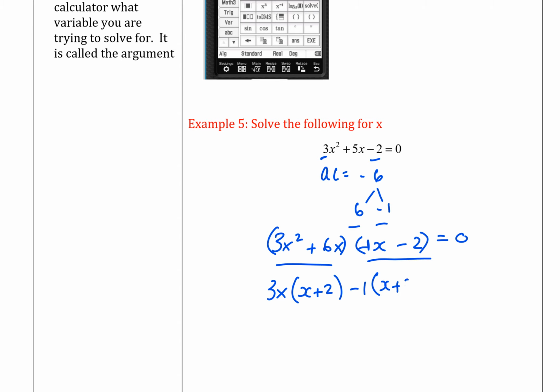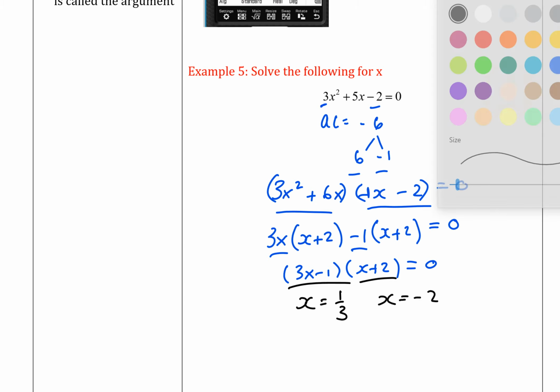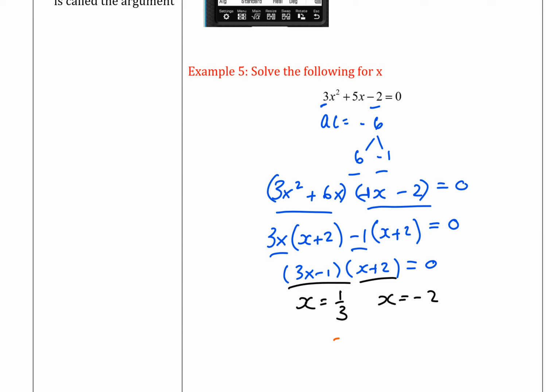That also yields x plus 2. And so I can see here that I've got 3x minus 1, x plus 2 equal to 0. And my answer, by using null factor law, is x equals 1/3 and x equals negative 2. Putting that answer in context, x belongs to the set of numbers negative 2 and 1/3.